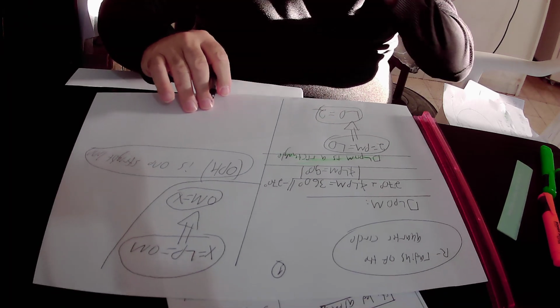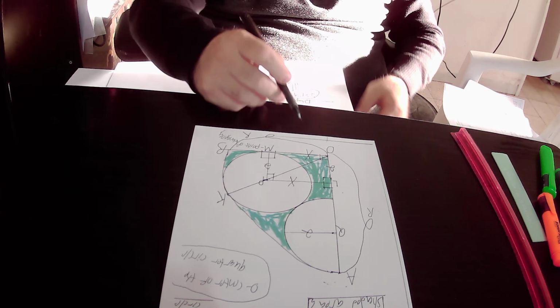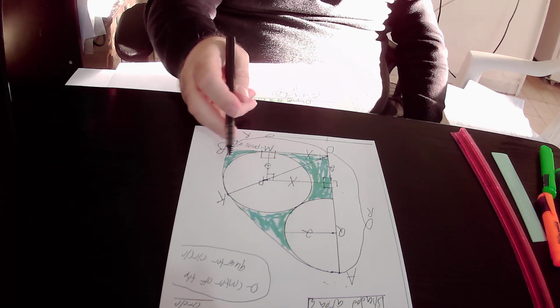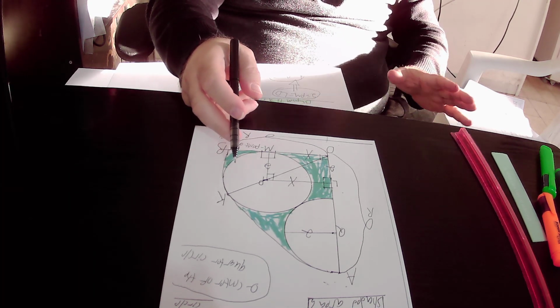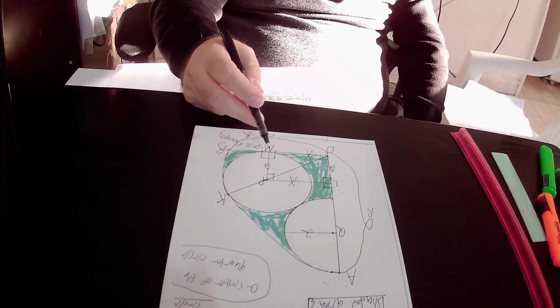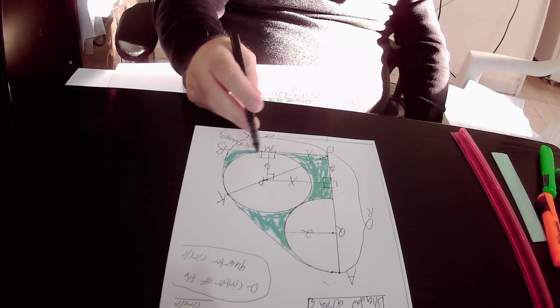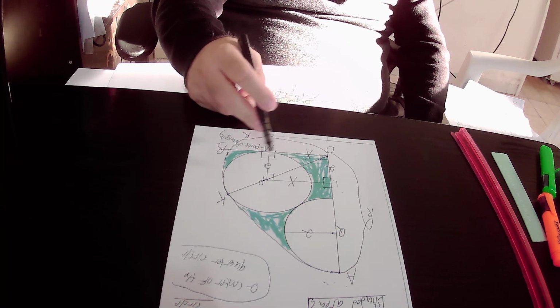You can also say, in other words, that points O, P, and K are all located on the same straight line.